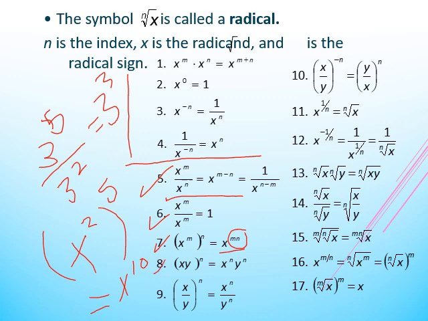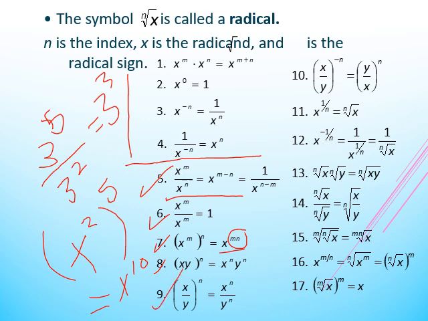Rule 8: (x times y) all to the power n. We can use the distributive property to distribute the power n to x and y, because we have two different bases. So it will be x to the power n times y to the power n.